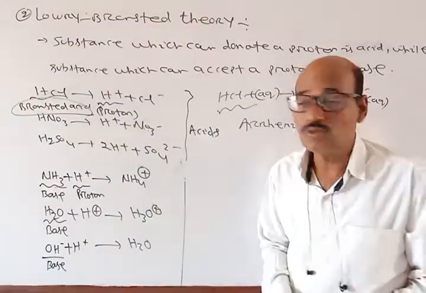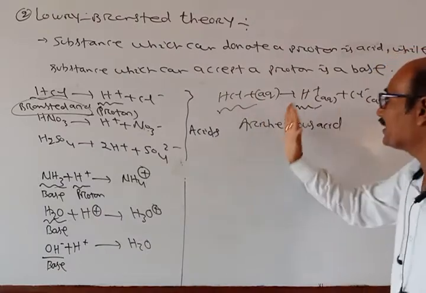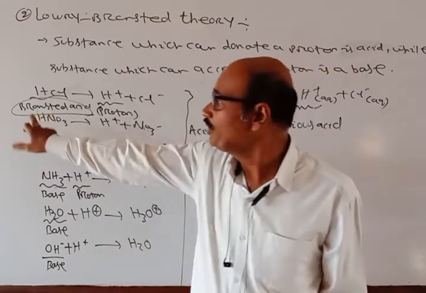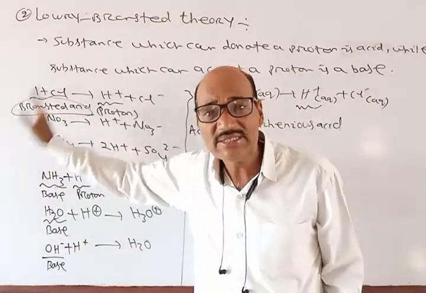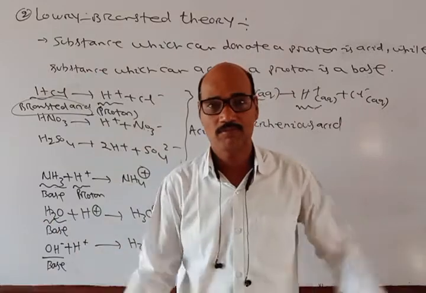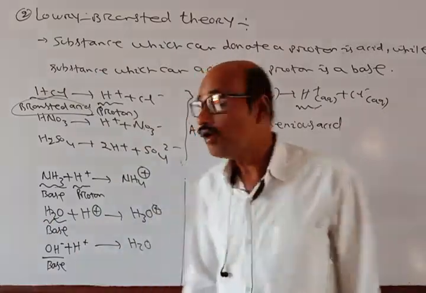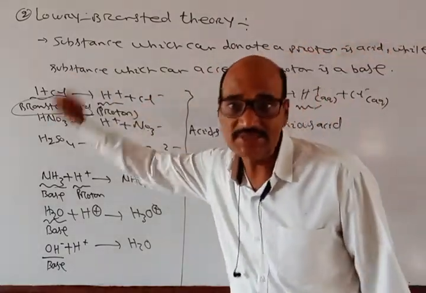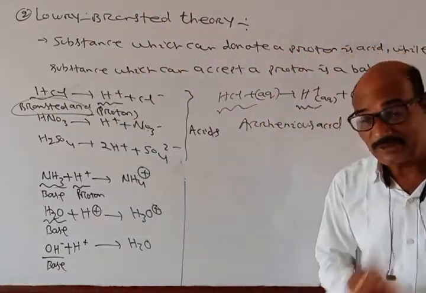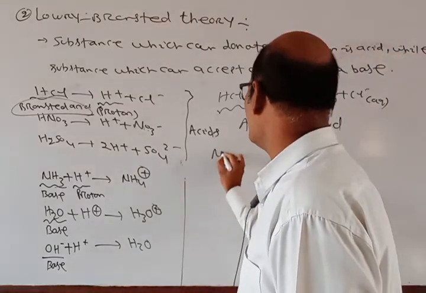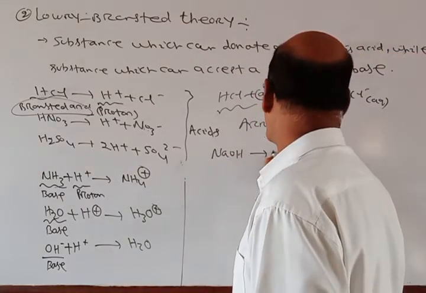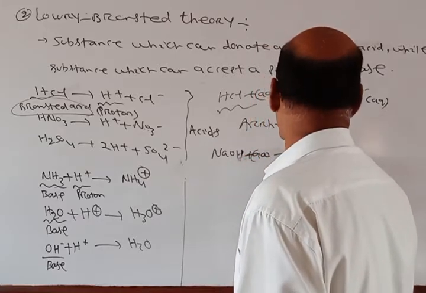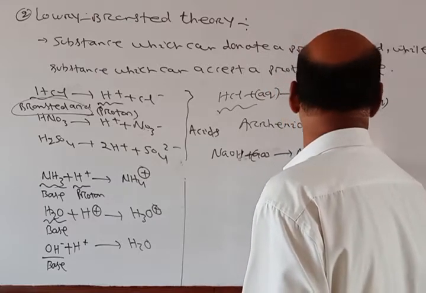So all kinds of Arrhenius acids are giving H plus, and all kinds of Bronsted acids are also giving H plus as a proton. So what you can say? All the Arrhenius acids are Bronsted acids. But if I consider NaOH, aqueous NaOH will give Na plus and OH minus.